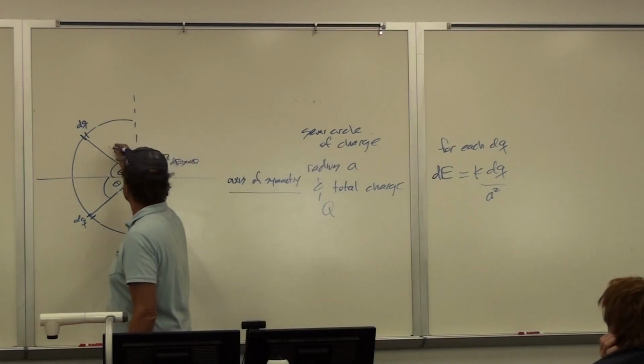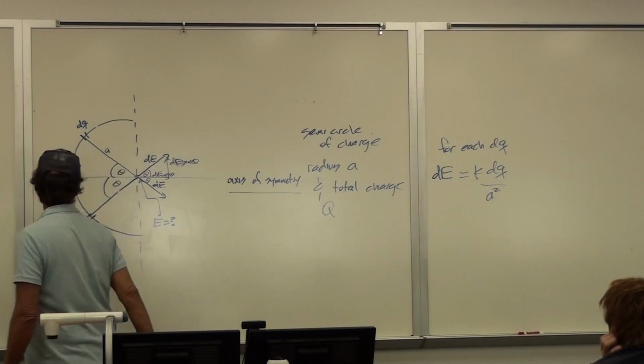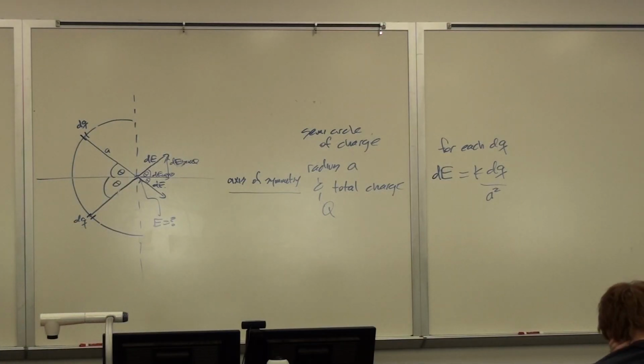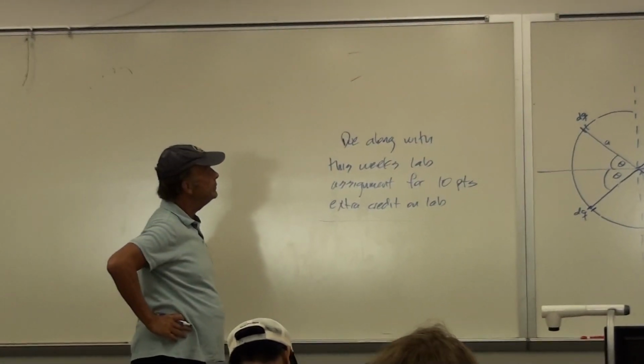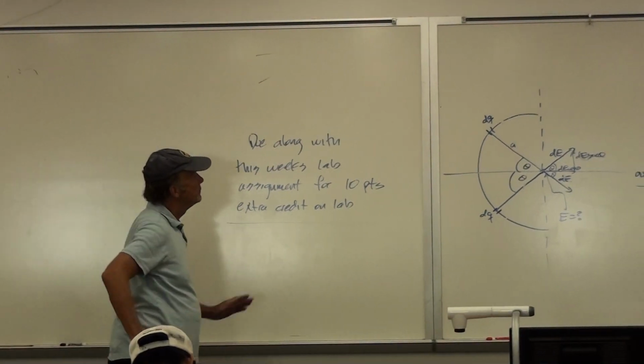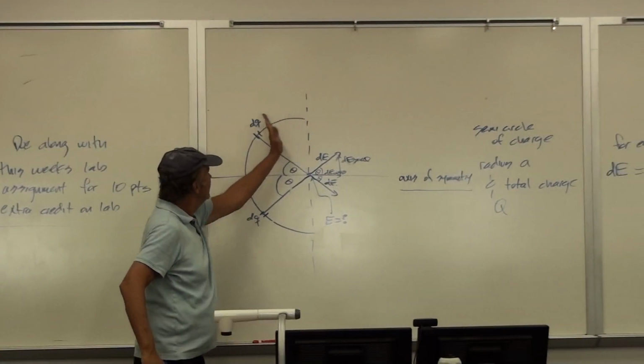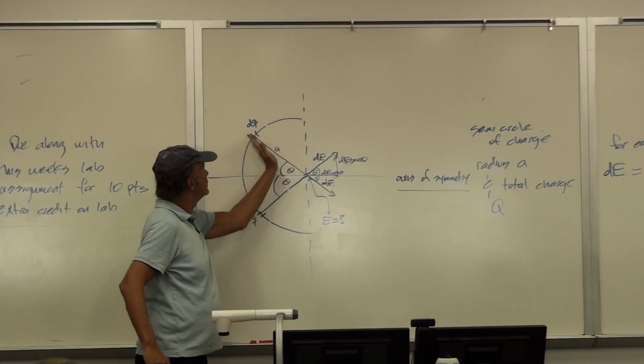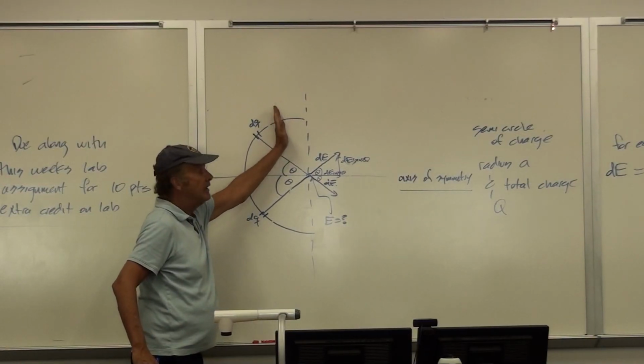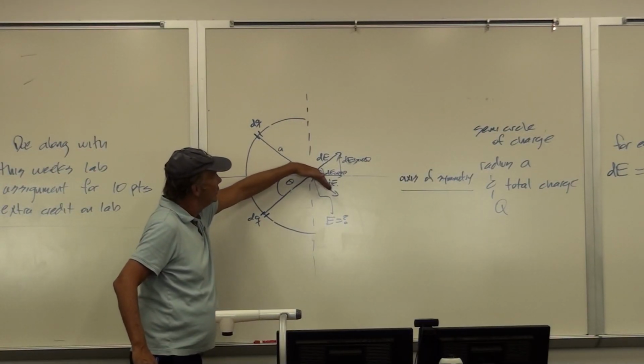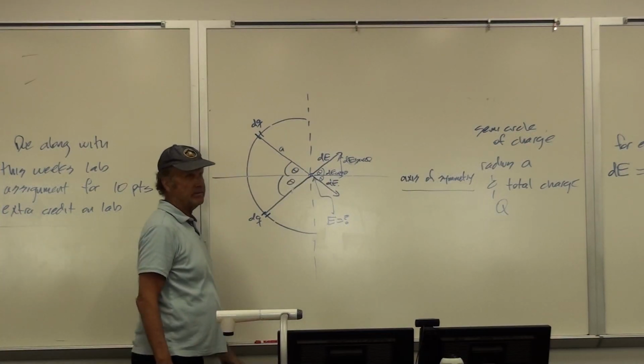So this distance a is not going to change. But in this problem, what is changing is that the q's are different angles away. And that controls how the components cancel.